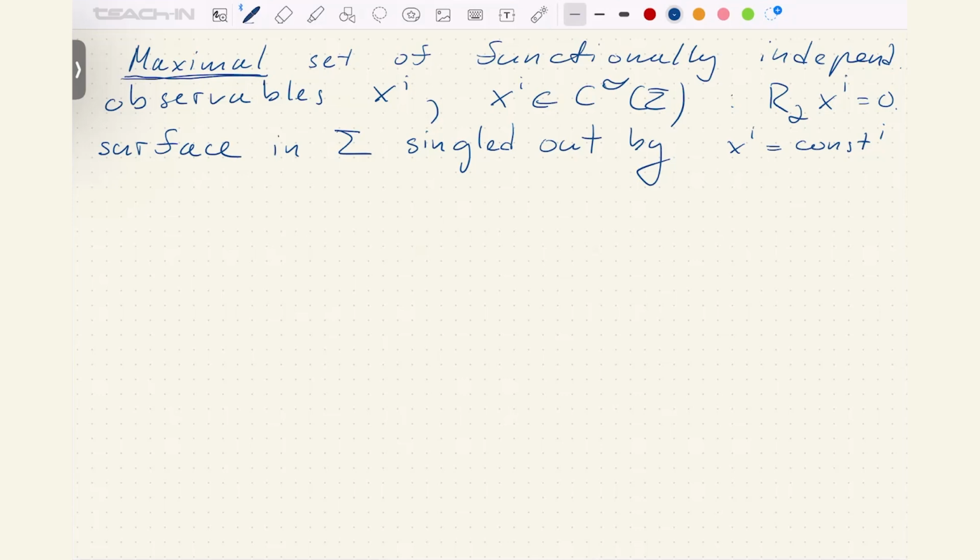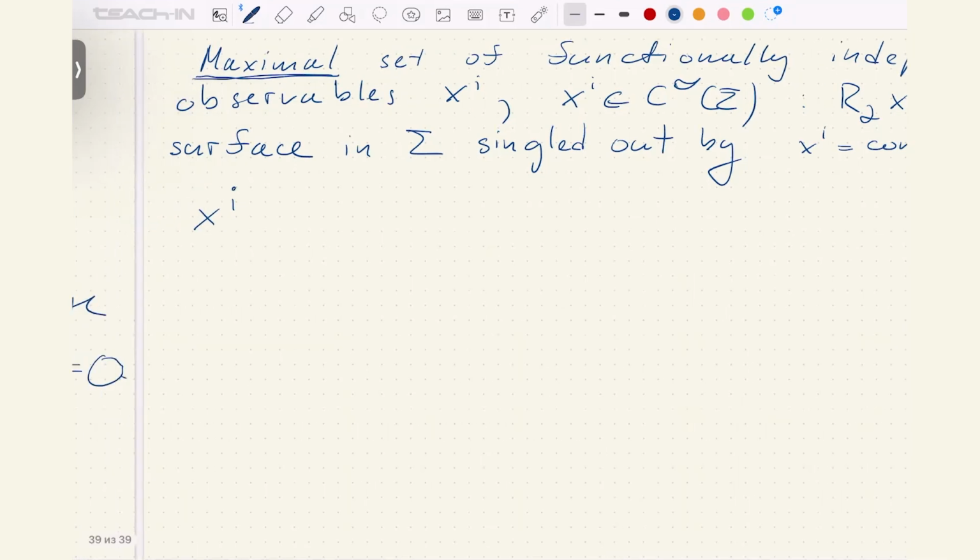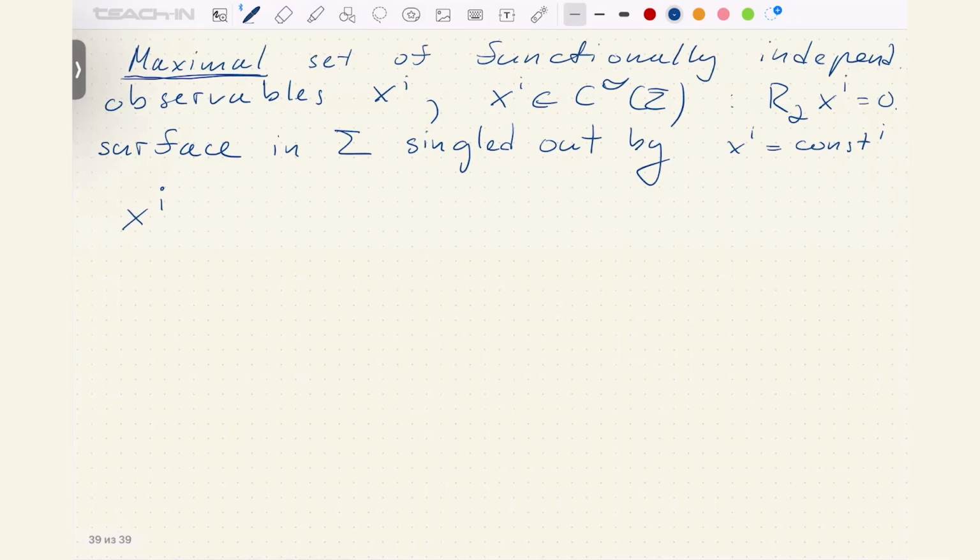If we consider the evolution of our observables, because they determine our surface, xi dot is equal to V_H xi minus lambda alpha R alpha xi, and the second term is 0. So this is just V_H xi.